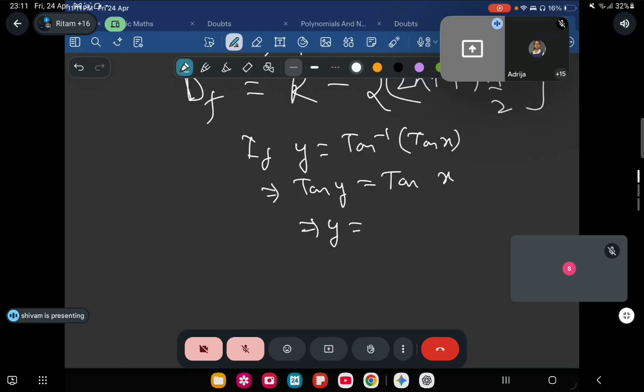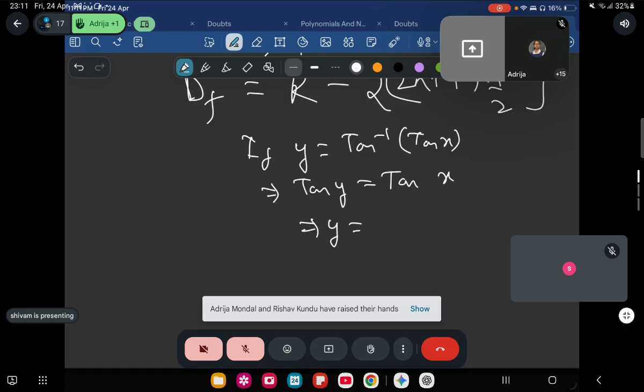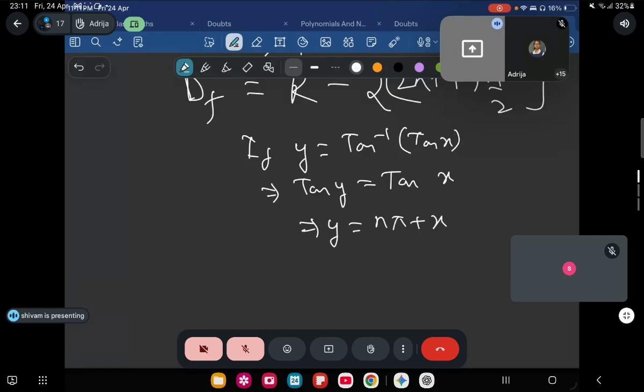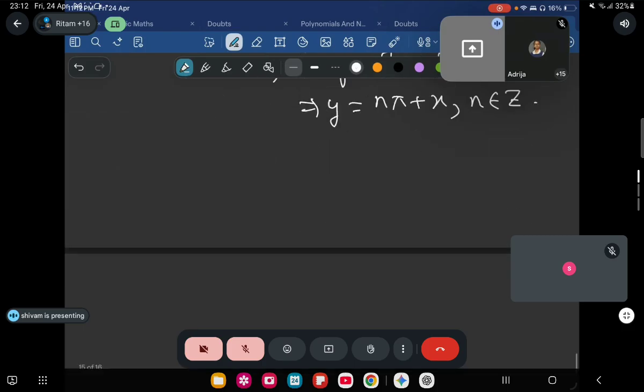Have people forgotten the general solution? Yes, Aditya, tell me. Sir, n pi plus x. N pi plus x, absolutely correct. Everyone revise trigonometric equations also, you people are forgetting. So everyone, y equal to n pi plus x for all n belonging to integers.